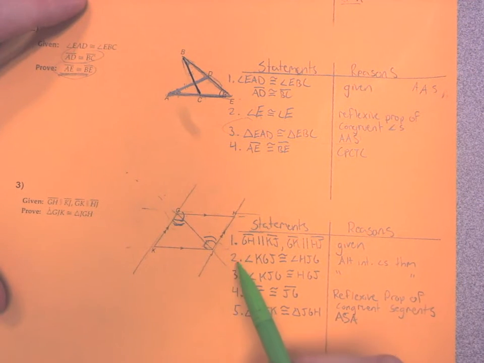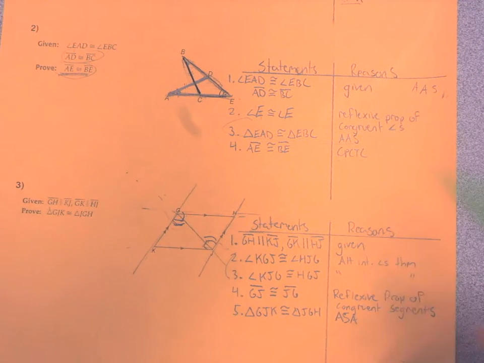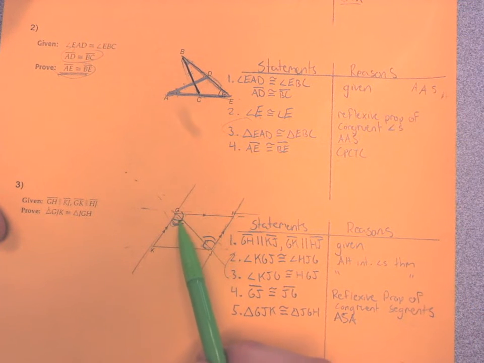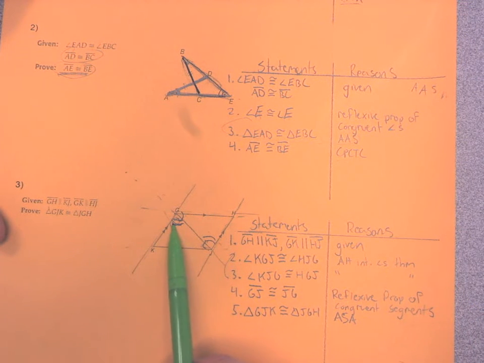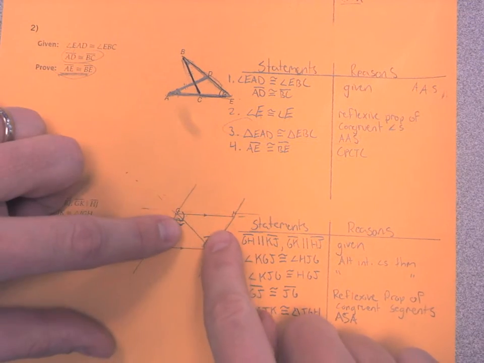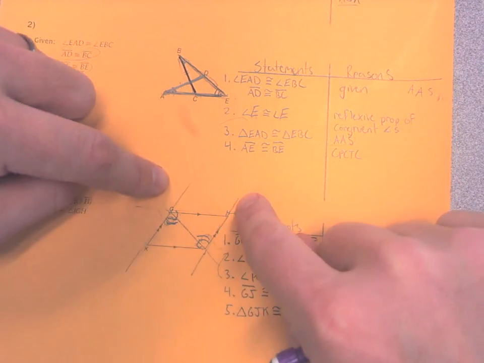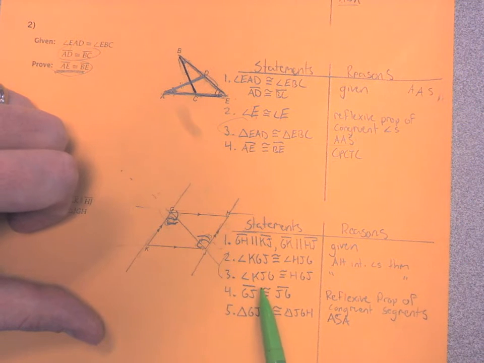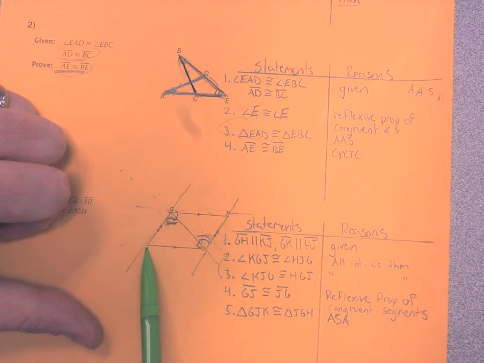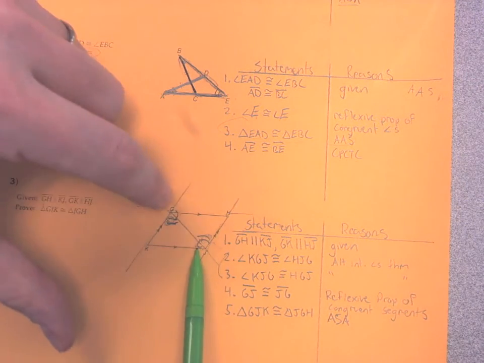So what I've said in step 2 and step 3 is I've just stated those angles. So angle KGJ, that's this guy right here, is congruent to angle HJG, that's this guy right here, and that's from these parallel lines. And then statement 3, I have angle KJG, this one, is congruent to angle HGJ, that's this one.